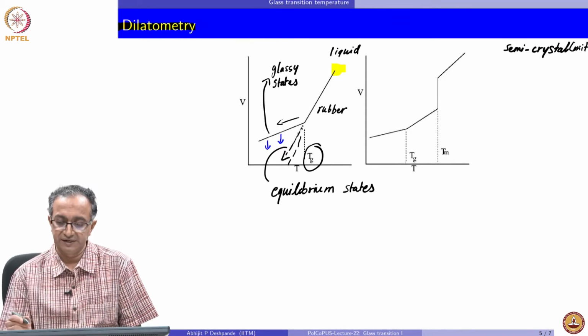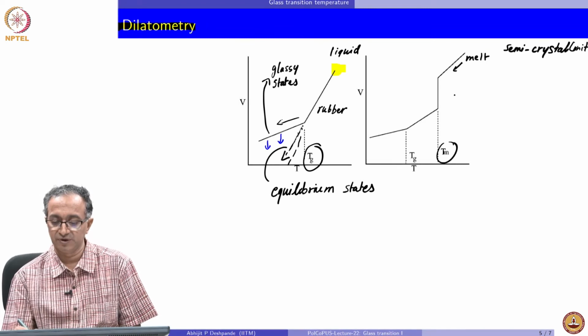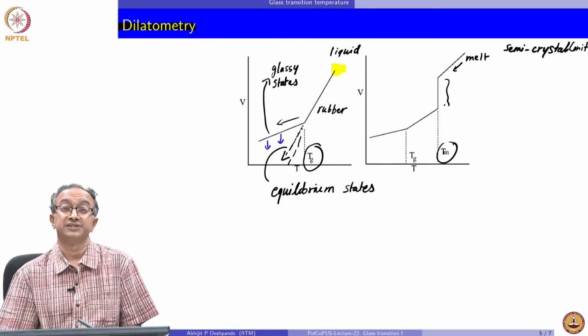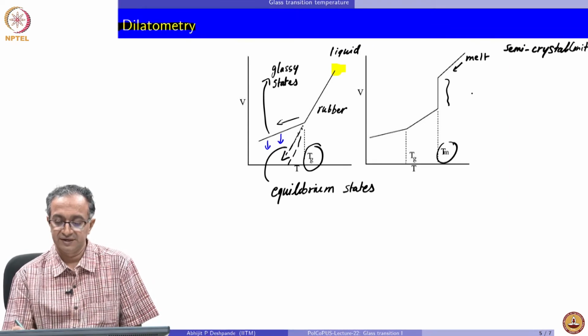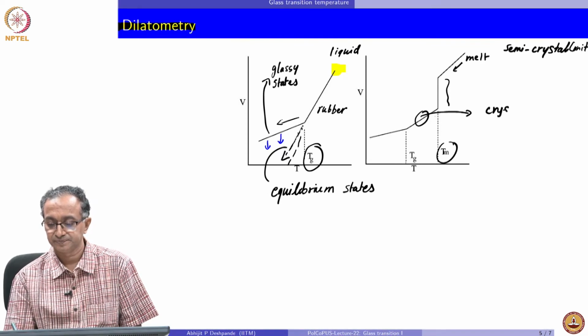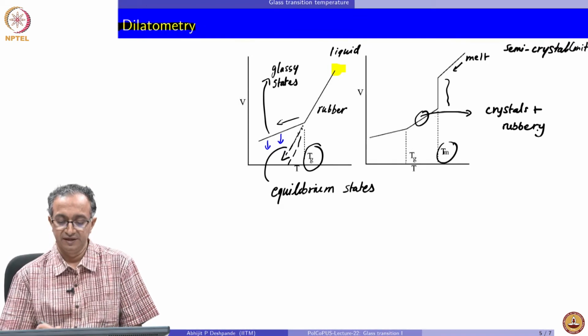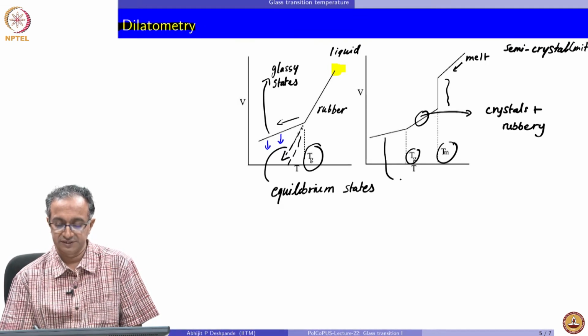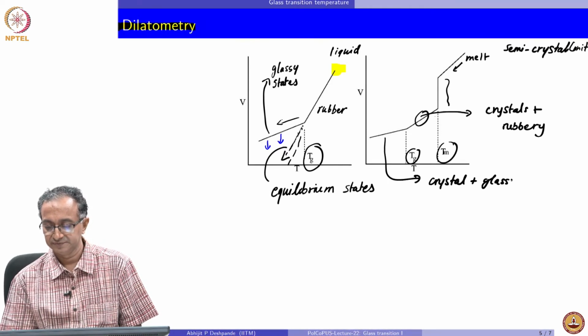So, in a semi-crystalline material, we can be in the melt state, and then when we cool the temperature, at the melting or fusion temperature, as we have already discussed, there is a first order transition, which is the melt to crystal transition, and then we reach a state where we have crystals plus rubbery state combination, and then at the glass transition we reach a state which is crystal plus glassy state.